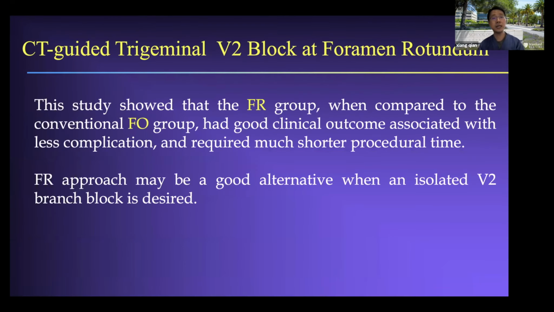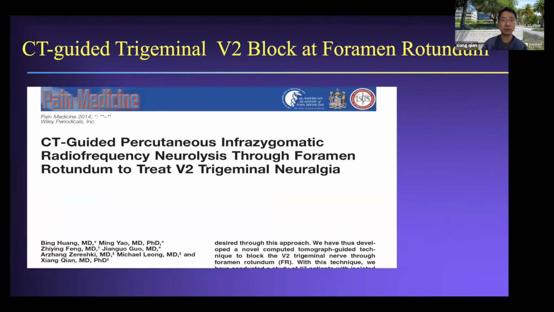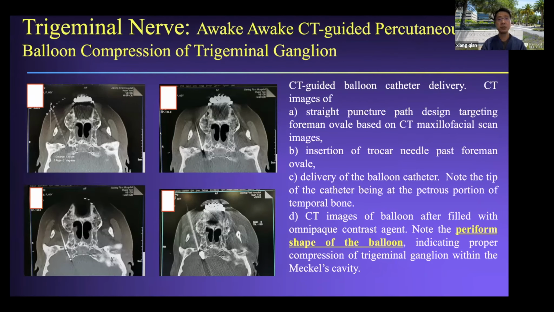So we show that the foramen rotundum is ablatable, and it has very good clinical outcomes, with fewer complications and a much shorter procedure time. With that, we furthered these technologies in the CAS Lab 9 and 300p, and now in Hybrid Room 27. We published first in 2014, and later in 2017.